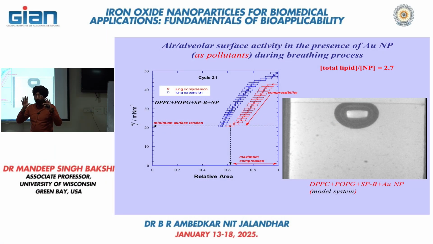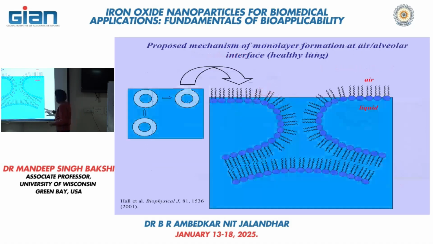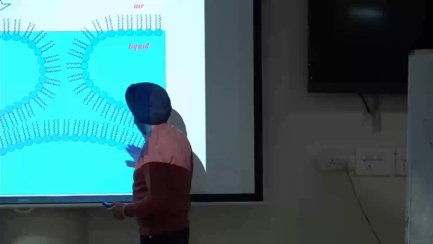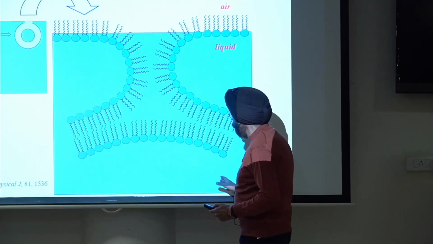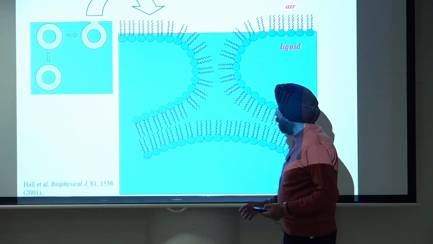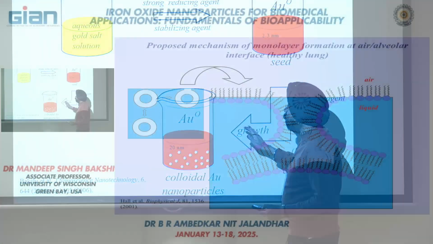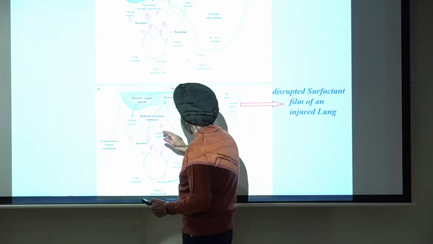Now we will try to look into the microscopic picture of the bilayer in the lung. What is happening? I told you that the bilayer is created by the vesicular system. It is the vesicle. I have shown just part of the vesicle over here. Reminding you once again which were the vesicles we were talking about.